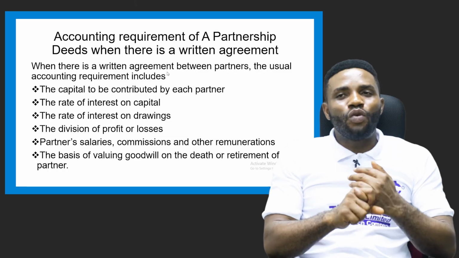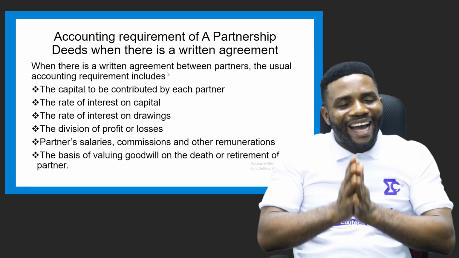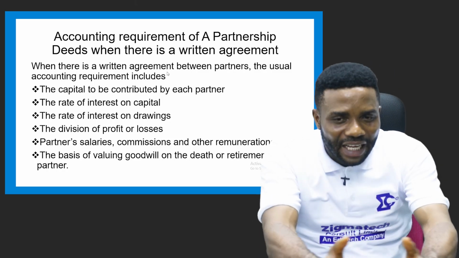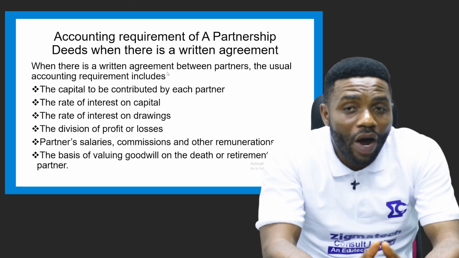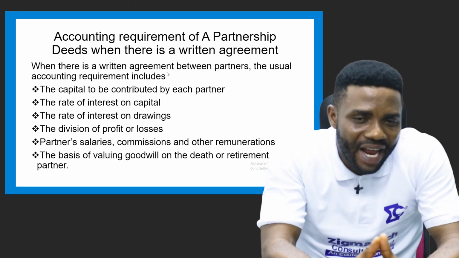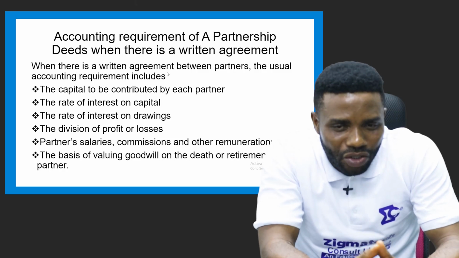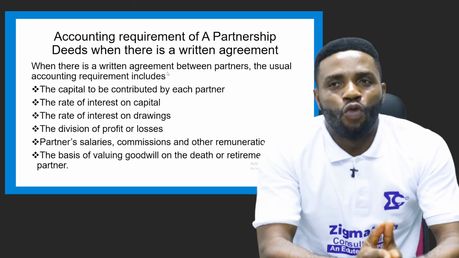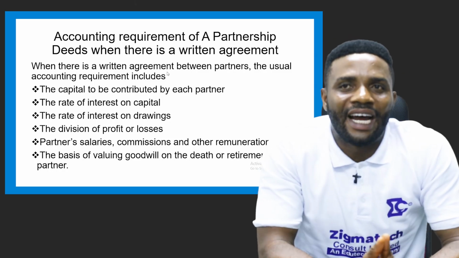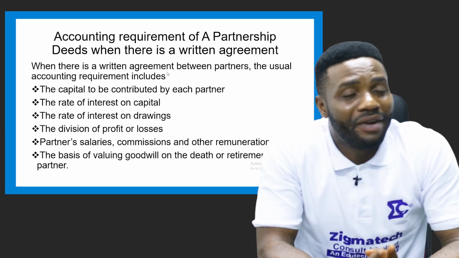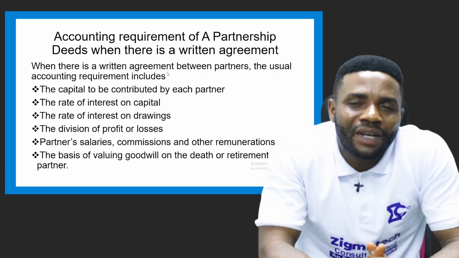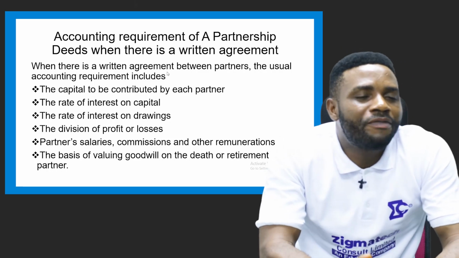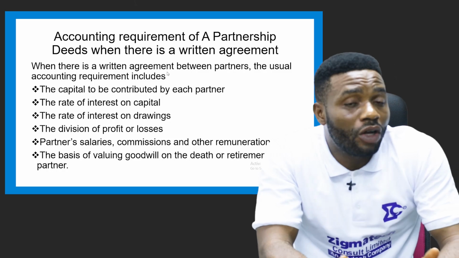Number one is when there is a written agreement. Two or three persons can come together and say, we want to spell out the rules and regulations that must protect and guide this partnership business. When this is done, there is an accounting requirement. Remember that this partnership can be viewed from different pillars of studies.